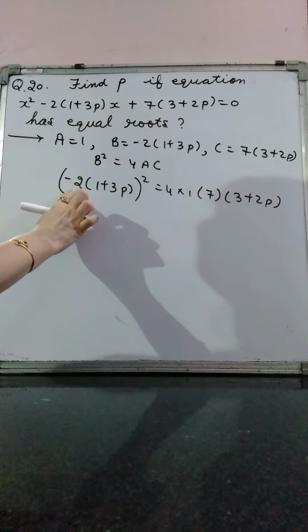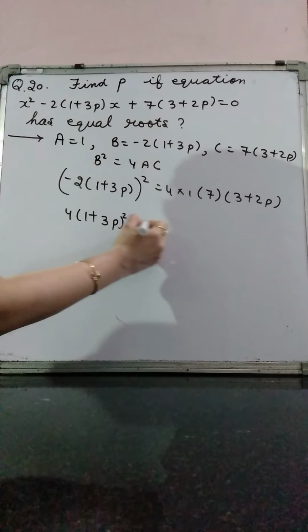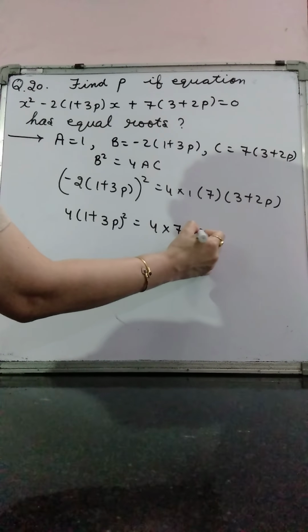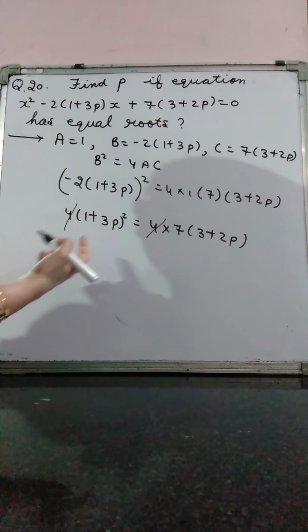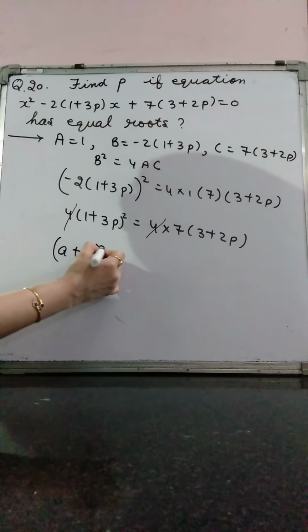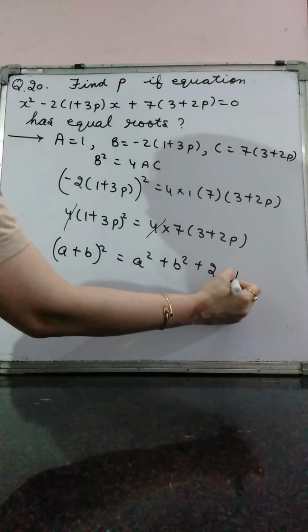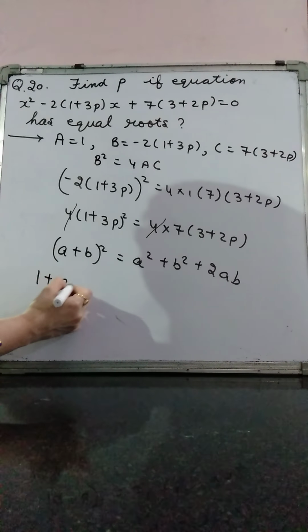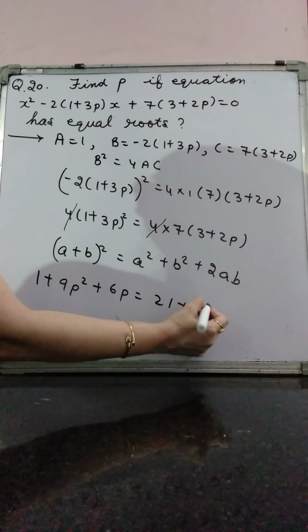The square of minus 2 is 4. 4 into (7 into 3 plus 2p). Cancel out 4 and 4. Open the square and apply the identity: (a plus b) whole square is a square plus b square plus 2ab. 1 plus 9p square plus 6p is equal to 21 plus 14p.